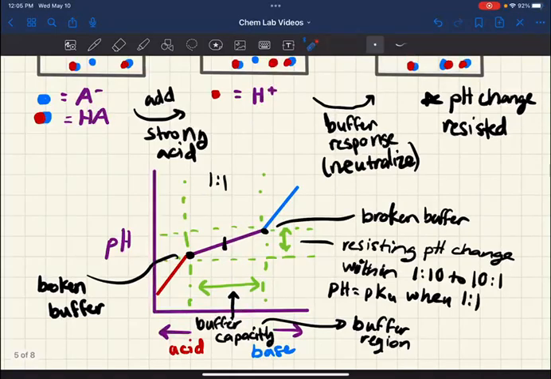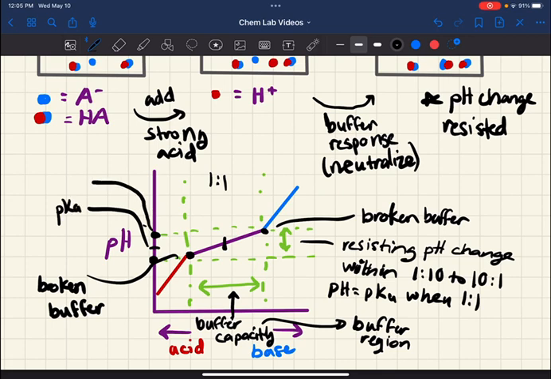So in addition to the pH being pKa when it's 1 to 1, we could also see in the formula the minimum and maximum values of that buffer region. So I'm going to say this is pKa.